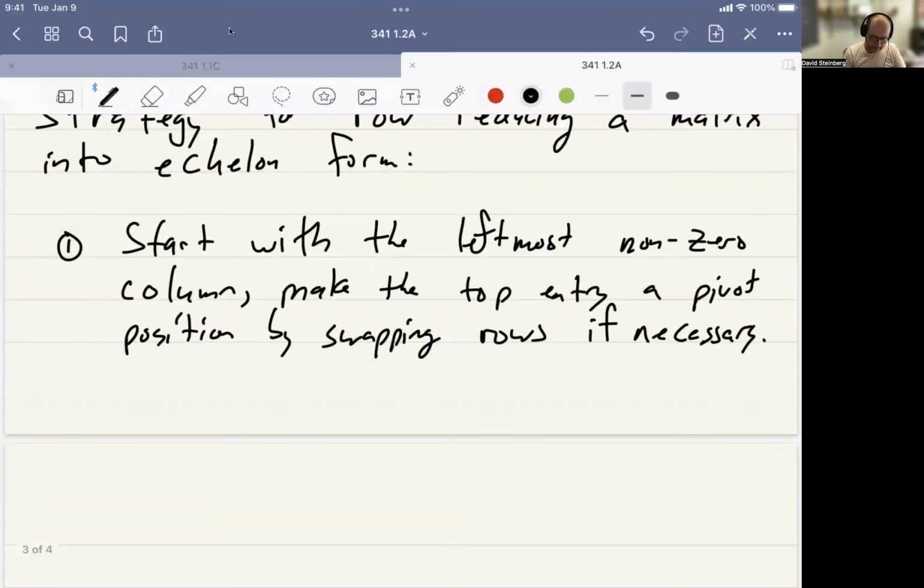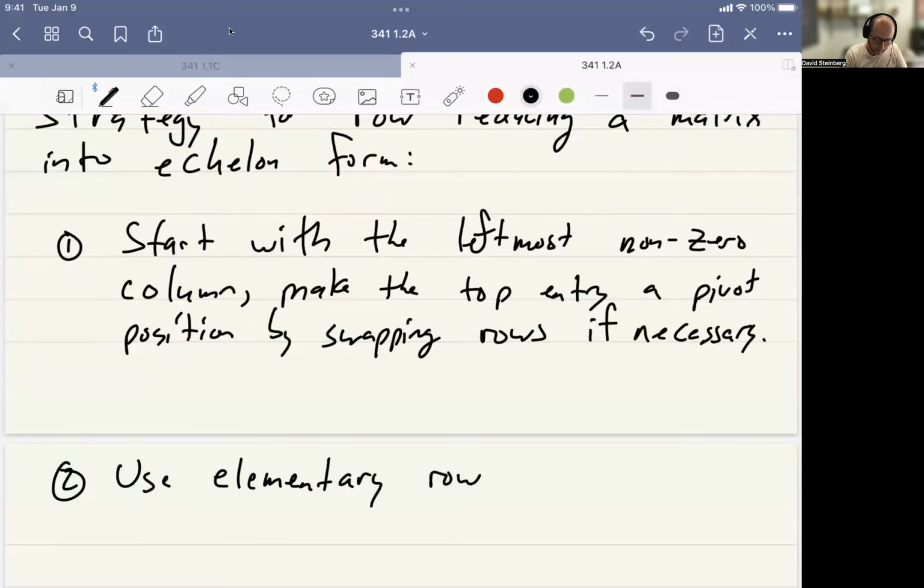Next, we want to use elementary row operations to create zeros below this position.